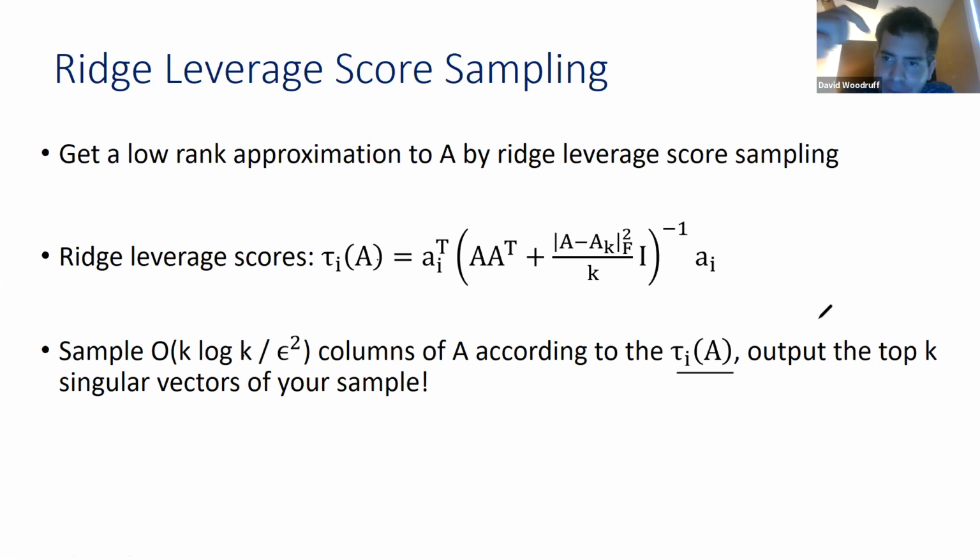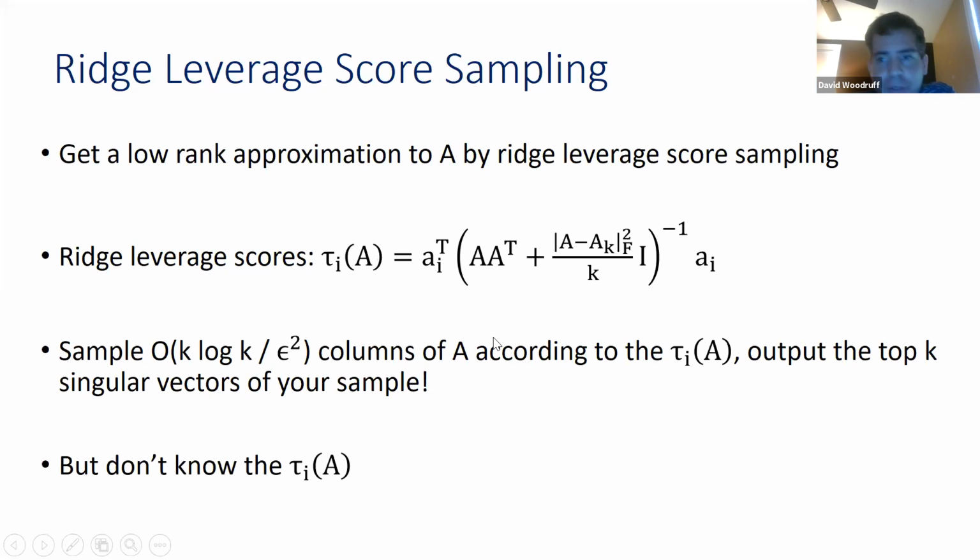Those top k singular vectors of your sample form a good n by k left factor of a low rank approximation. And that's it. So these are great sampling probabilities for low rank approximation.